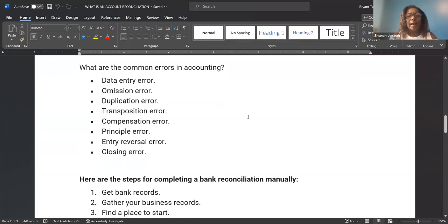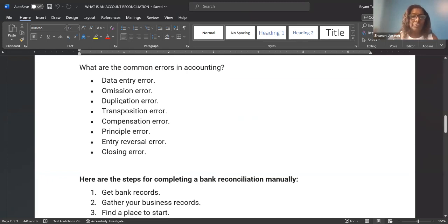So, what are the common errors that you see occurring in accounting? They fall into 10 different categories. So, you have data entry errors. That means that somebody fat fingered something. You have omission errors. That means that you left out a bill or you left out an invoice or something was left out in error.